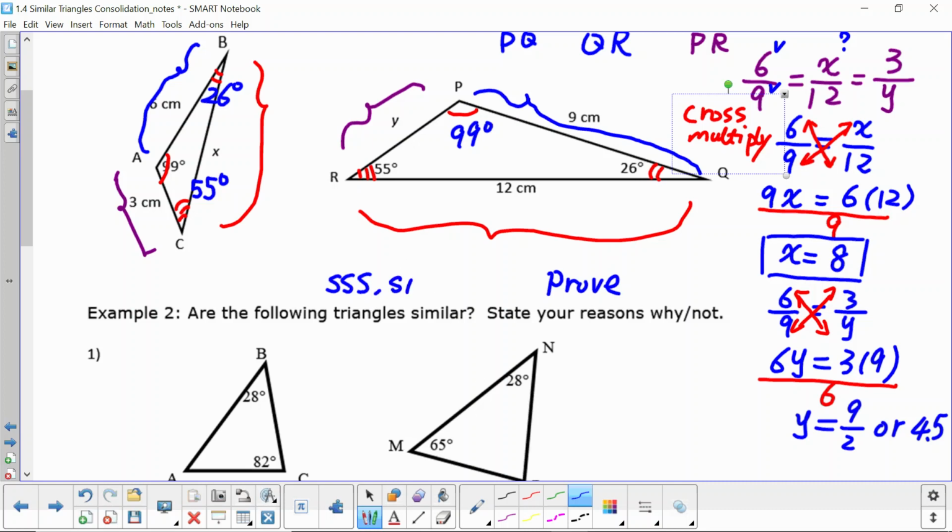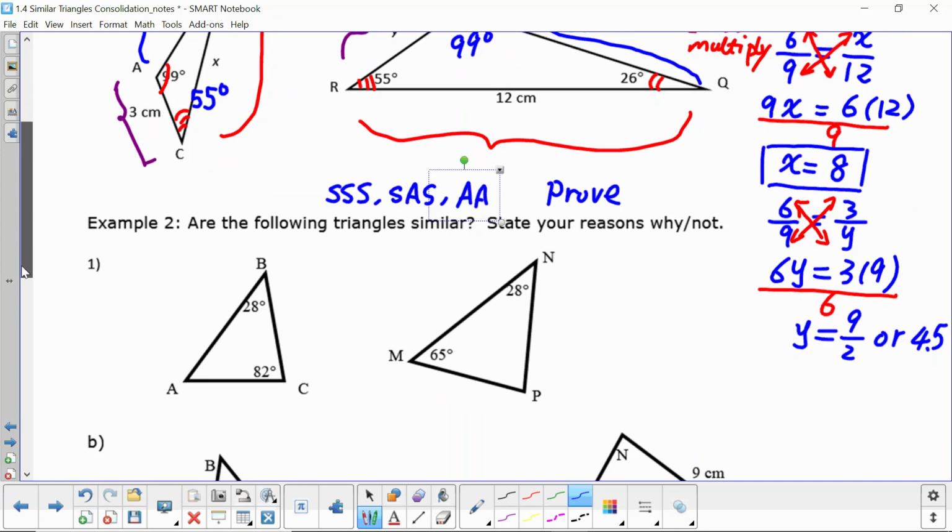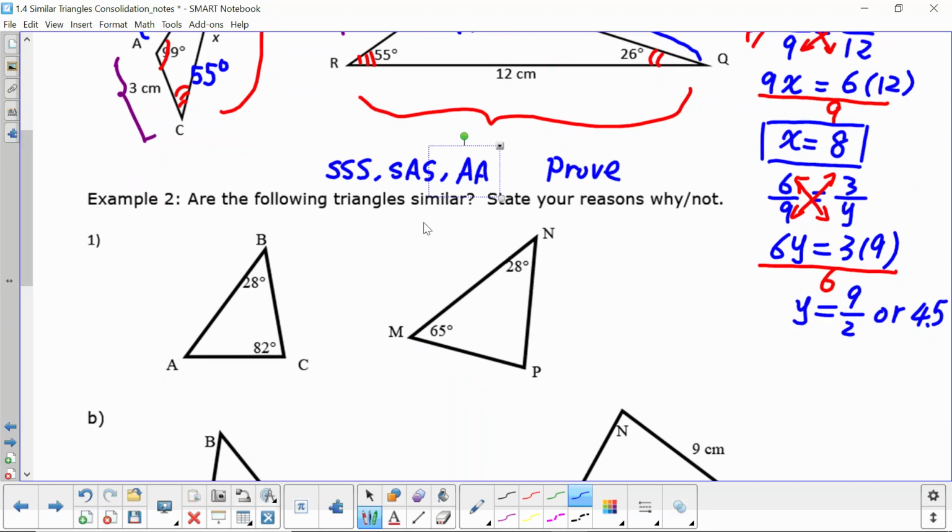Or side angle side: one angle equal, and the other two sides' ratios equal, then it will be similar. Or angle similarity: if you have two corresponding angles equal, then it will be similar. So we are going to see for this one, okay, angle B equals angle N.